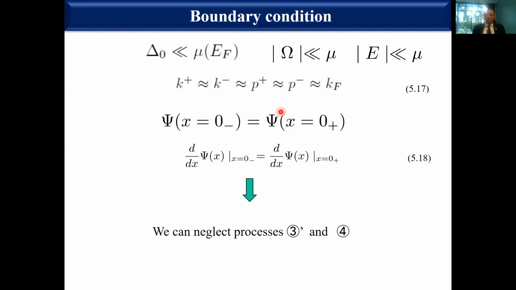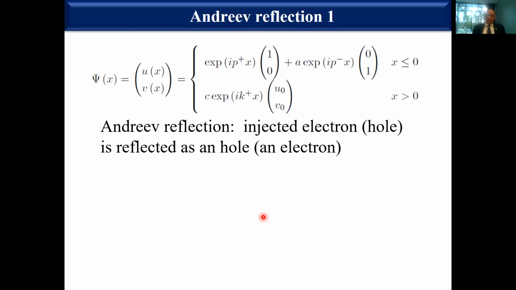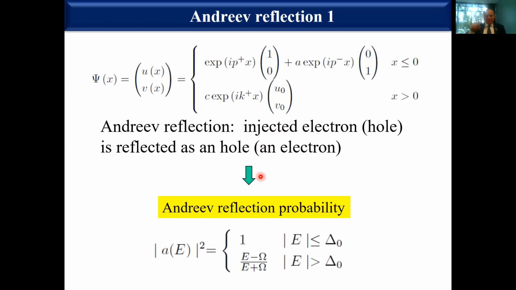Then we get the answer that processes 3' and 4 are negligible as far as we make this assumption. So the obtained wave function is written very compactly. Only the Andreev reflection occurs, and a transmitted electron. So in Andreev reflection, the injected electron is reflected as a whole. The probability is like that, and it's quite interesting.